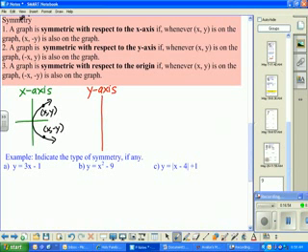The y-axis, it matches up on either side of the y-axis. Again, it does not have to be parabolic, but it should have that feature. And symmetric about the origin.